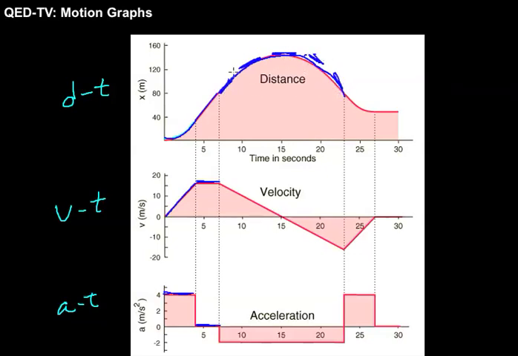So if I'm coming up here and I'm slowing down and going in the positive direction, my velocities are all positive, they're all positive slopes here, that means my acceleration must be negative because I'm slowing down. And then it stands to reason that my acceleration is still negative because here my velocities are pointing in the opposite direction. My velocities are now negative, and so my acceleration must be negative because I'm speeding up.